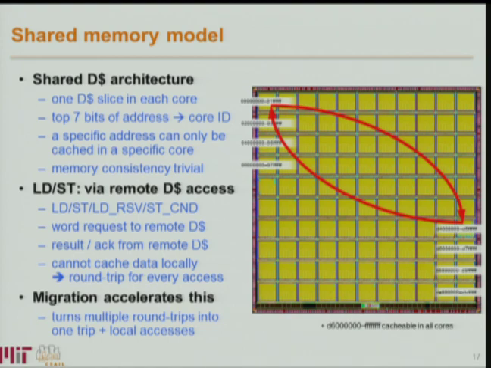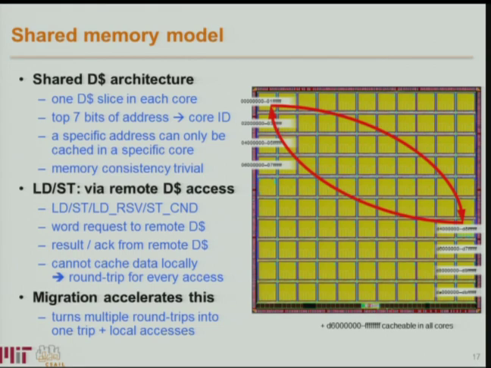So we use migration to accelerate exactly this. Instead of making multiple round trips to a remote core, we migrate the entire computation once. We run the thread on the remote core for a while, and then maybe we move to the next location where the data is.